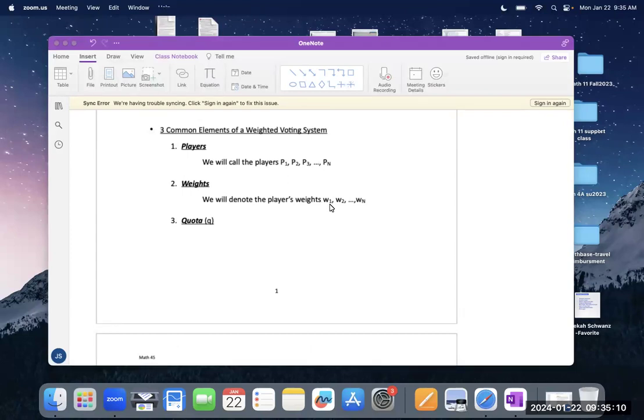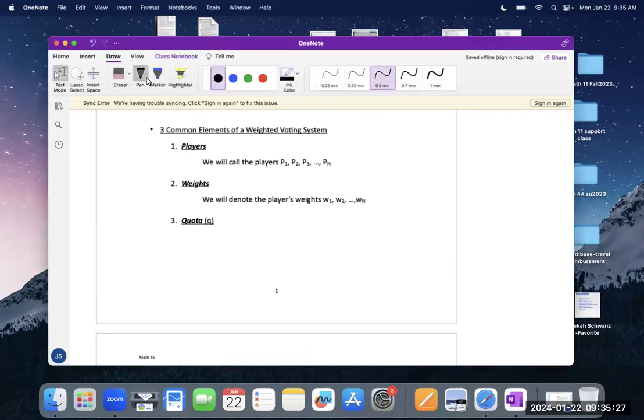So notice here that when we say W1, we're not saying W subscript 1 here. We are not saying take the variable W and multiply it by 1.